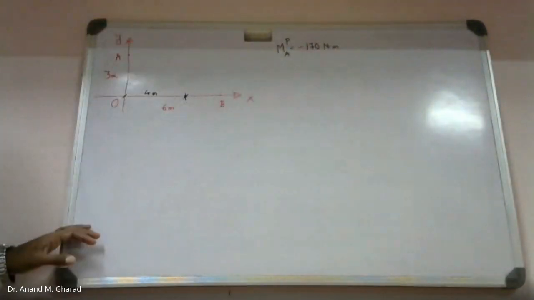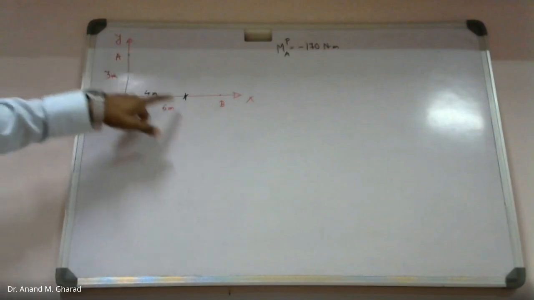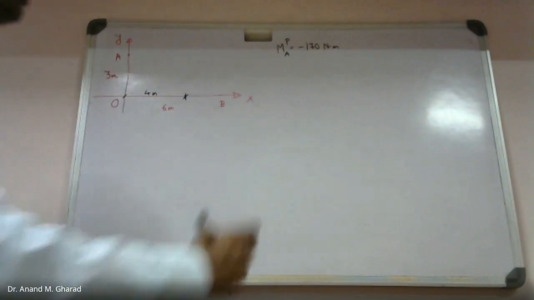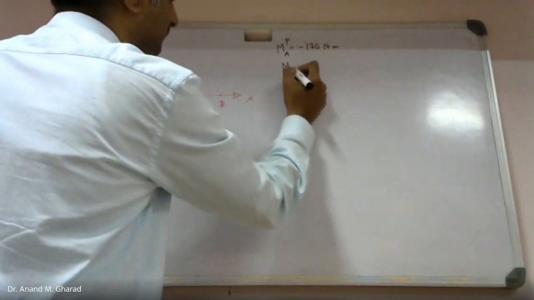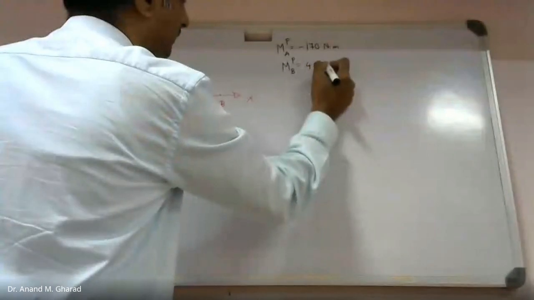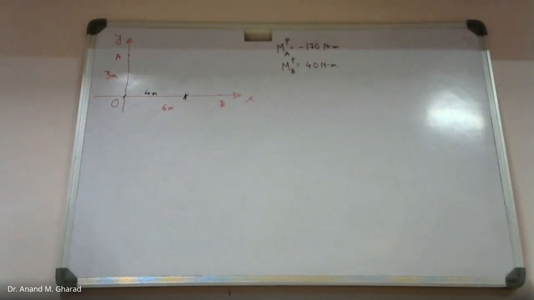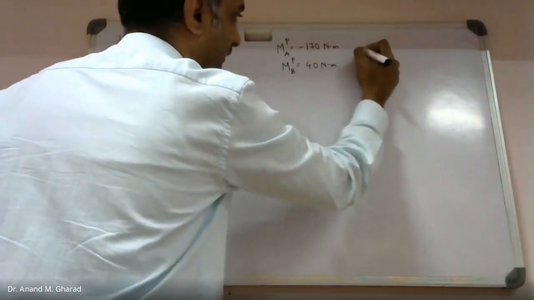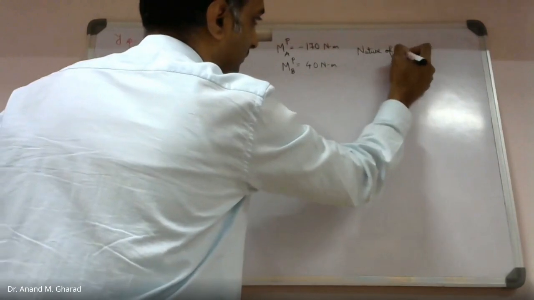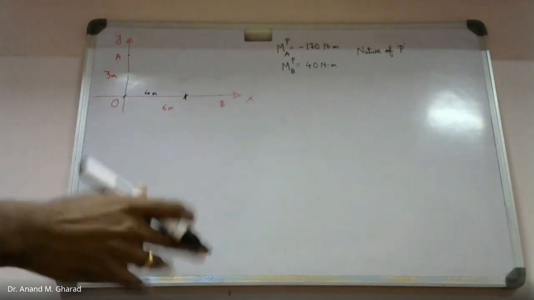This is what is given. One more piece of information: the moment about point B because of that same force P is 40 Newton meter clockwise. These two things are given. I don't know the nature of force P, whether it is horizontal or vertical or inclined.